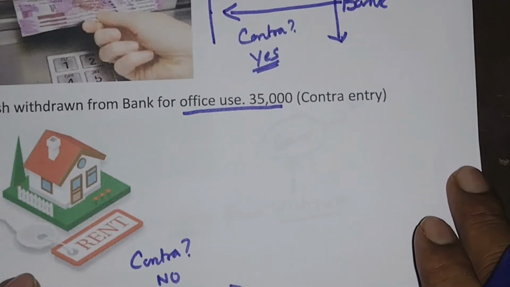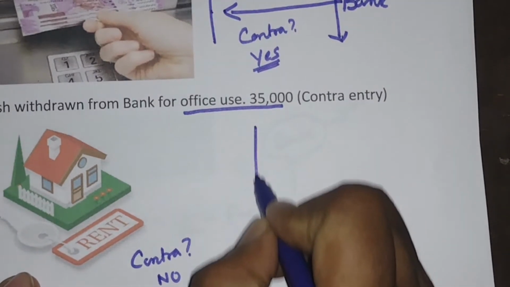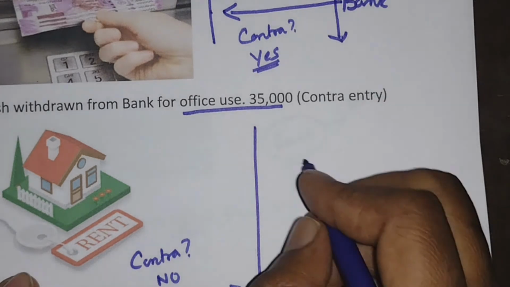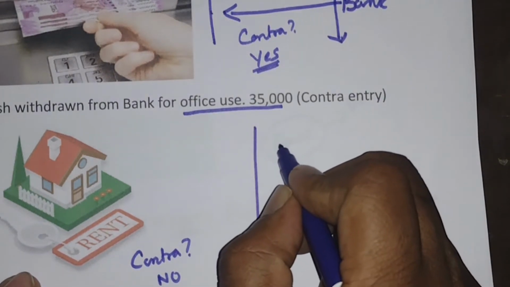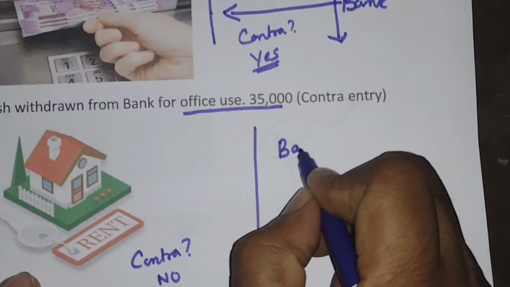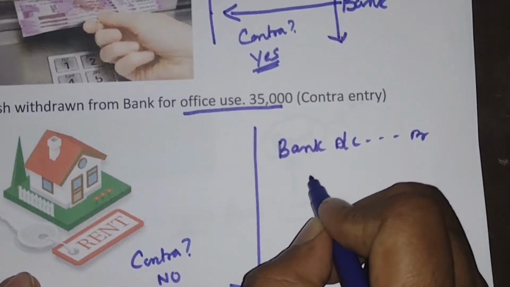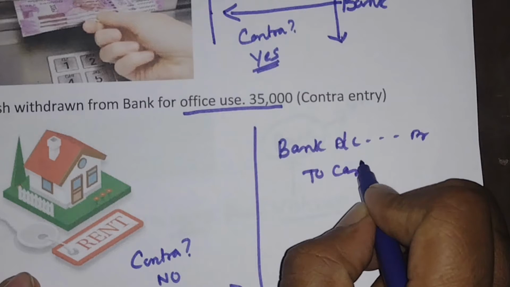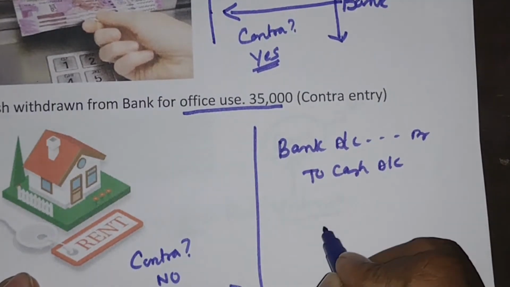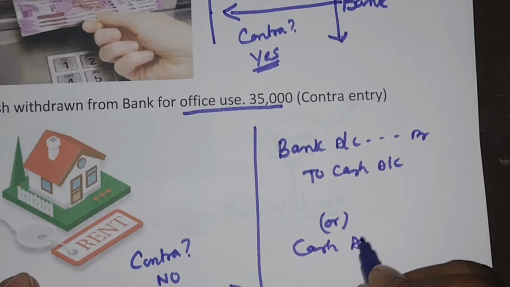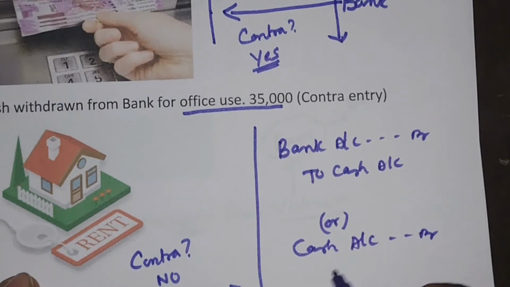Another easy thing I want to explain to you all is the journal entry. Contra entry means bank account debit to cash account, or cash account debit to bank account.